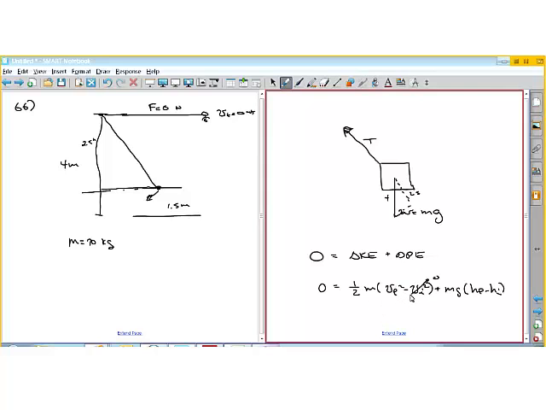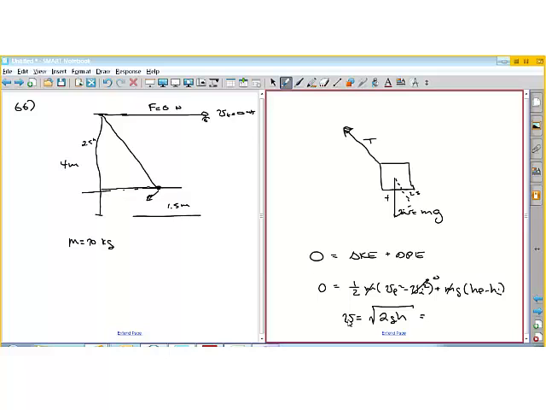Well, v initial is 0, and our particular mass, we can cancel those out. So remember, we've used this before, that v is equal to the square root of 2gh, where h is the difference.